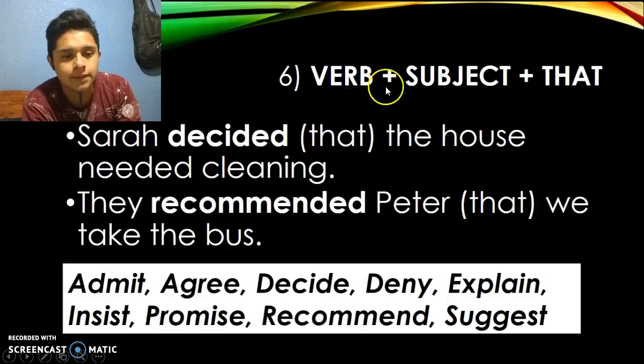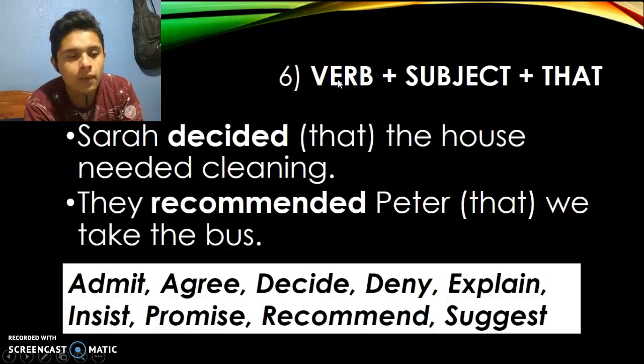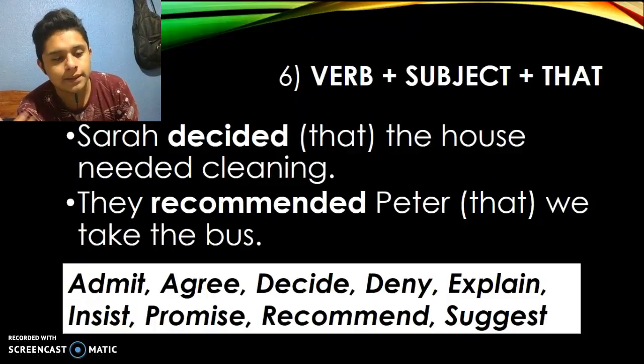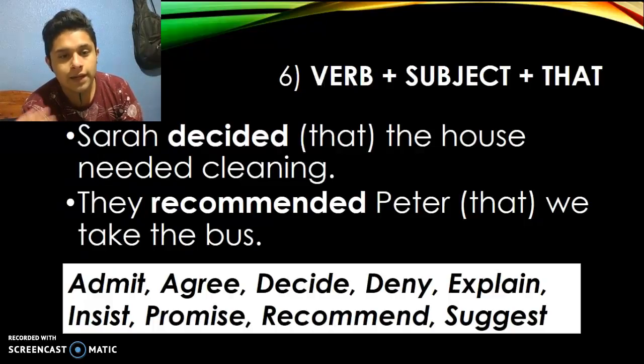If we don't have a subject, that's okay. And the verbs that are used here are admit, agree, decide, deny, explain, insist, promise, recommend, and suggest. So as usual, please guys, do your own examples and bring them to class if you have the opportunity.